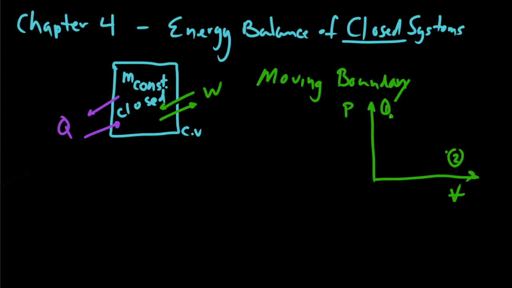Here we start at state 1, at high pressure relatively speaking. State 1 is higher pressure and smaller volume. Then let's assume we go in this direction to point 2, which is associated with a lower pressure and a larger volume.